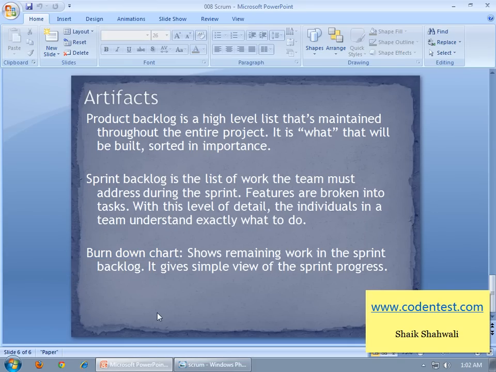Sprint progress is noted in this chart. It is updated every day. And there are other burn down charts which show the amount of work done and amount of work left. So in artifacts we have product backlog, sprint backlog, and burn down charts.